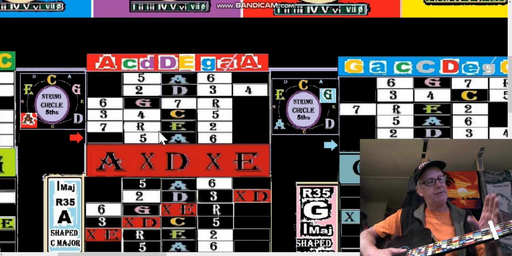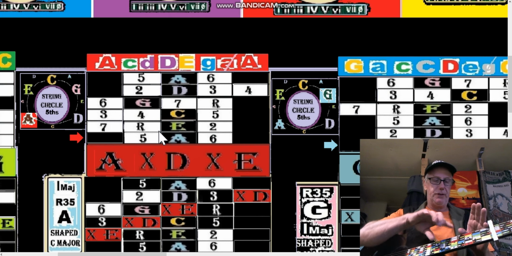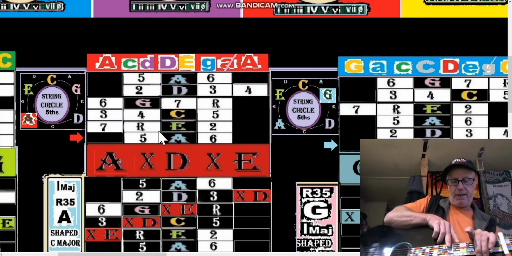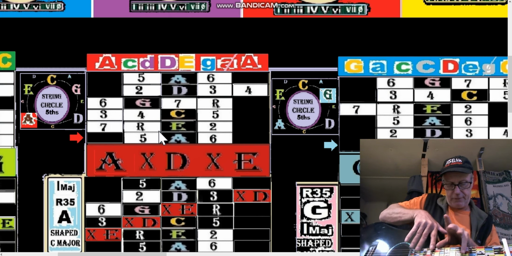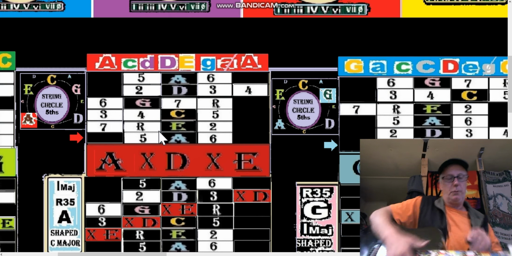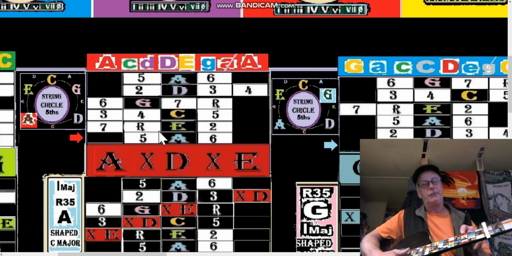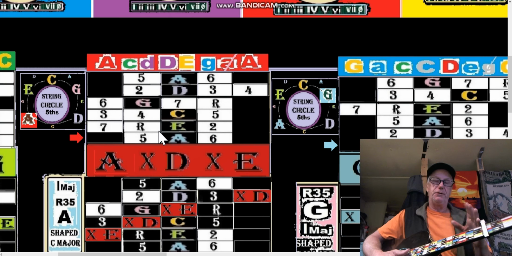Half step intervals, same thing, and then everything shifts. So if this is A and this is C, it shifts. You wouldn't want to put a number on your guitar unless you want to lock it into one key, which is fairly limiting.